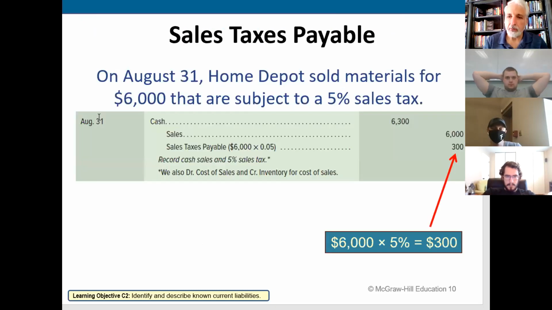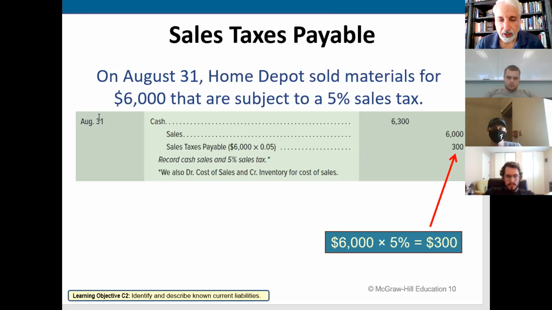Let's look at sales tax payable for a minute. If we make a sale for $6,000, we record $6,000 in sales, but we collected $6,300 in cash. We've got a 5% sales tax rate. That becomes a liability. It's not an expense of ours.